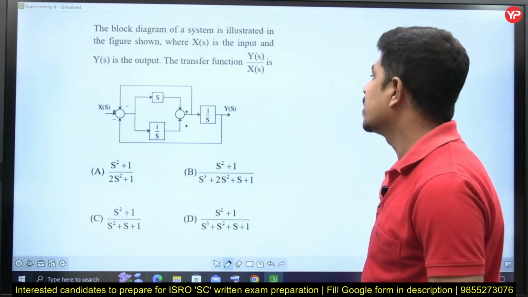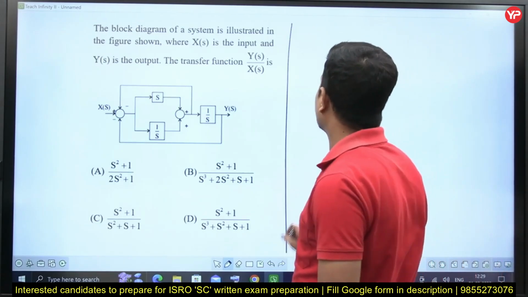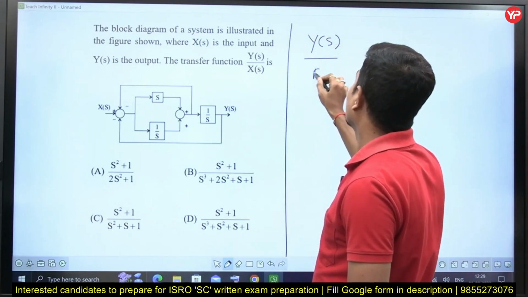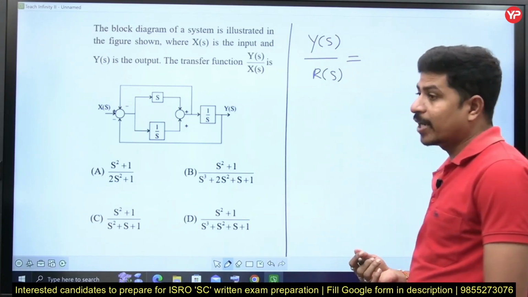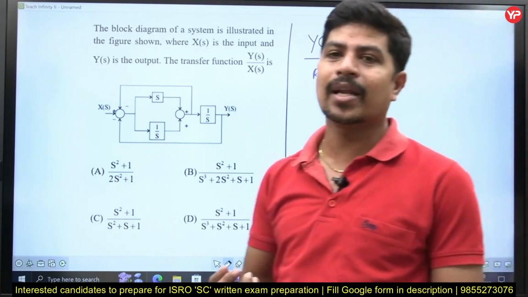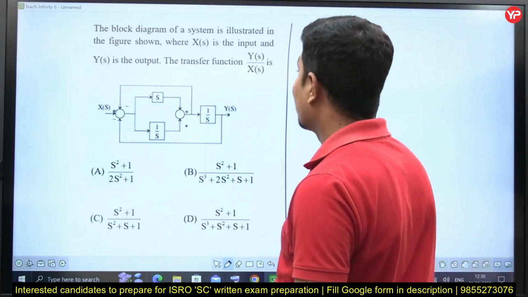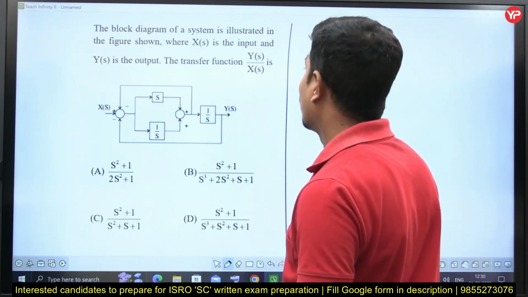This is also a very easy question. He is asking us to find the output by input, Y of s by R of s. How many forward paths? I told you already. You can directly apply the formula. Here you can find 2 forward paths.